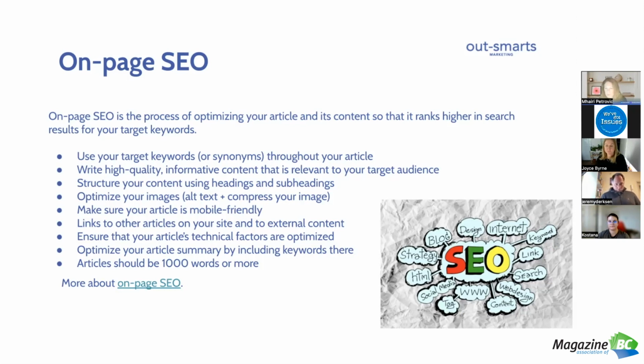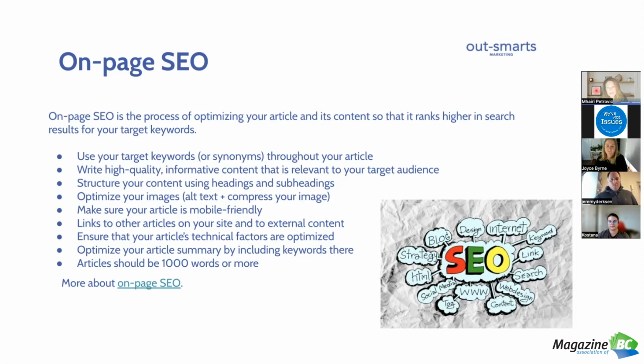So structuring it properly, using the right keywords, making sure it's relevant to your audience, breaking out each section of your article into readable chunks. We recommend that you have readable chunks with headings and that you use keywords in your headings and subheadings. These are all factors that are hugely important.